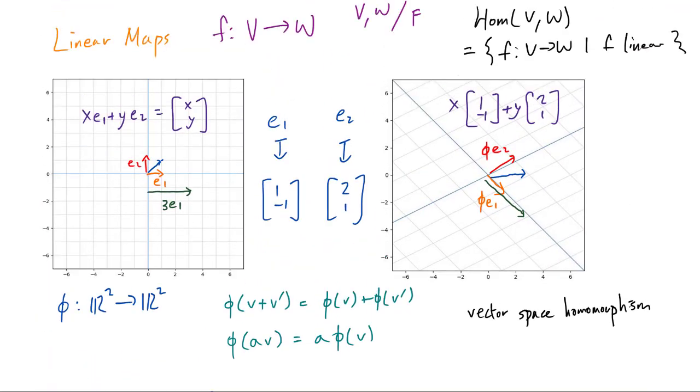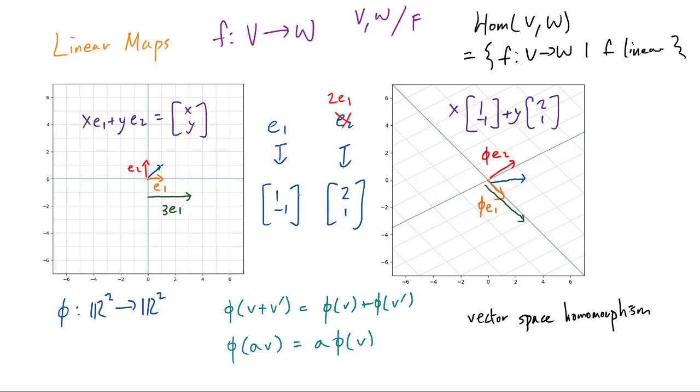So if you go back here, if we said e1 should be mapped to (1, -1), and instead of e2, let's say we said 2 times e1 has to be mapped to (2, 1), then we have a problem right off the bat, because there's a linear relationship between e1 and 2 times e1. So if e1 is getting mapped to (1, -1), then 2 times e1 should have been mapped to (2, -2).